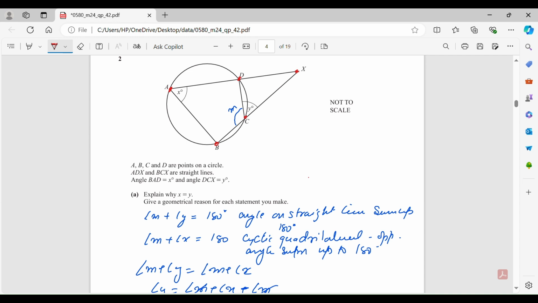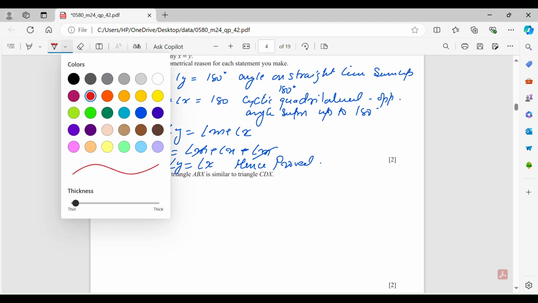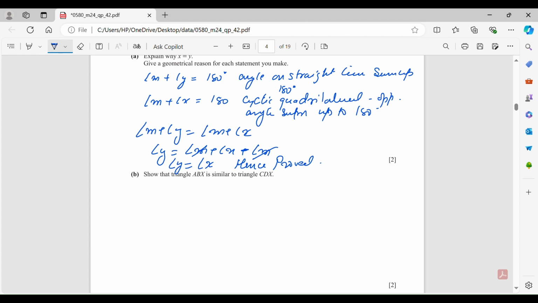So we can write angle BAX is equal to angle DCX, right?